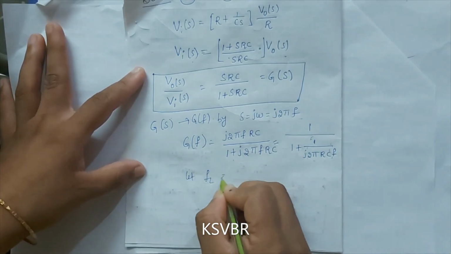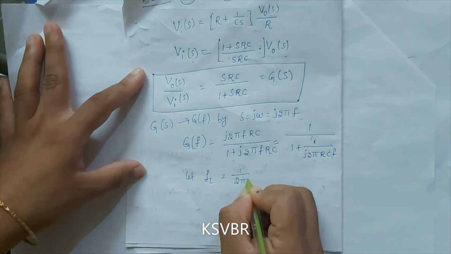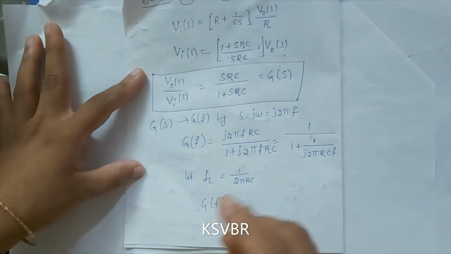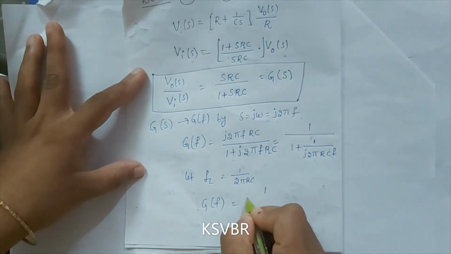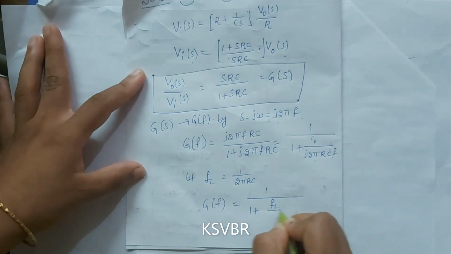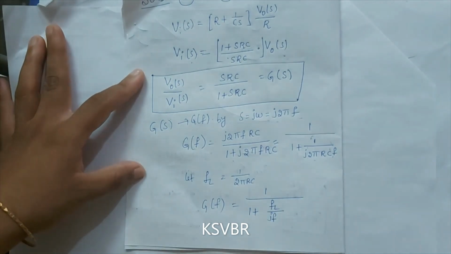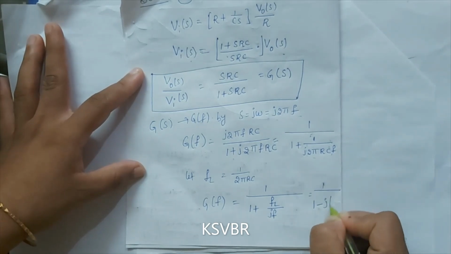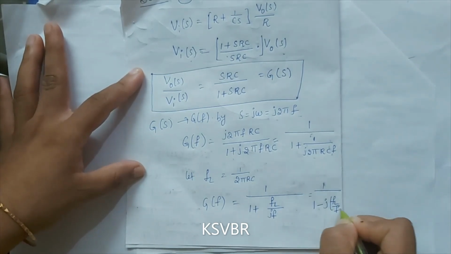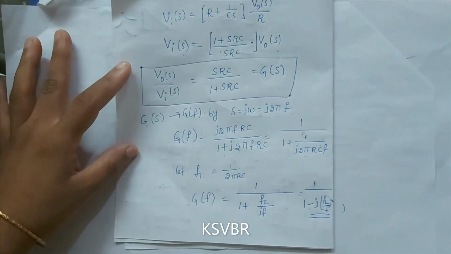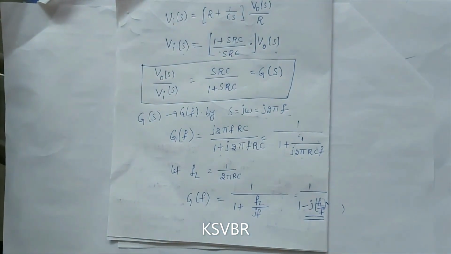Let FL is equal to 1 by 2 pi RC. Then G of F is equal to 1 by 1 plus FL by JF, which equals 1 by 1 minus J into FL by F. Okay, this is the transfer function of the high pass filter.